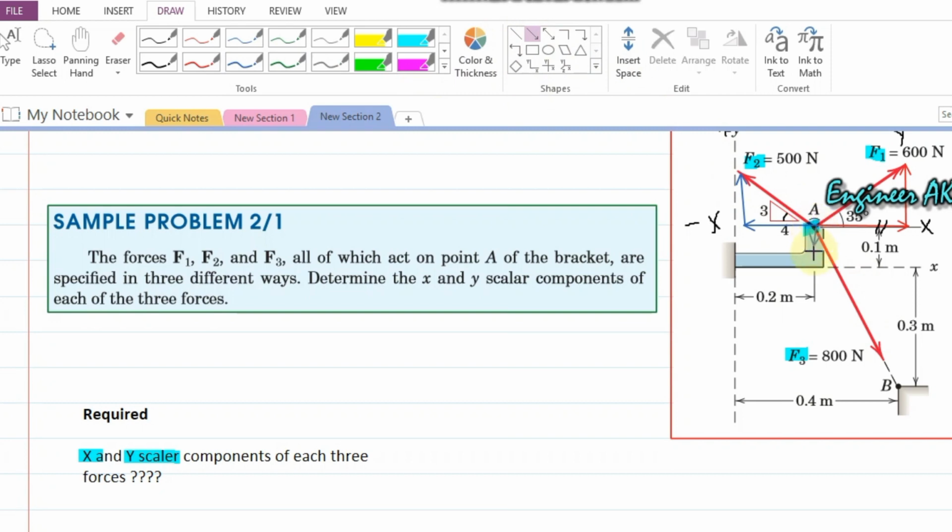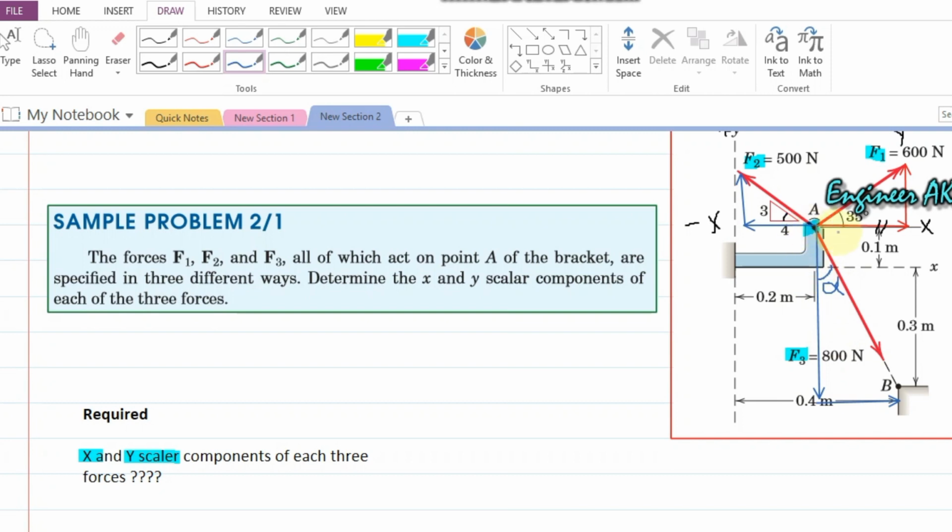So the first component will be like this, and if I draw the second component, it will be something like this, right? So here we get the two components, and we will now find this angle, and I can call it alpha, let's suppose.